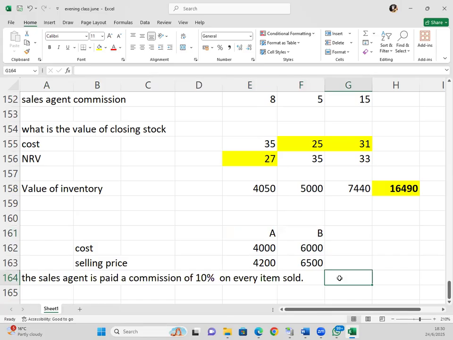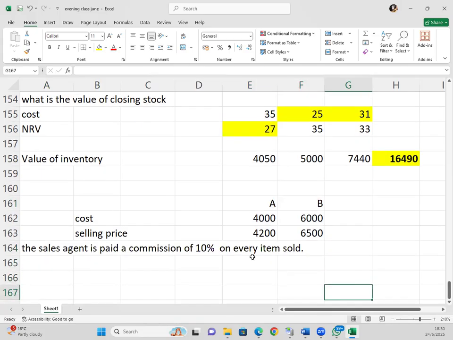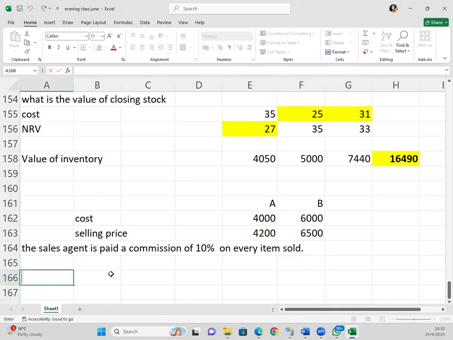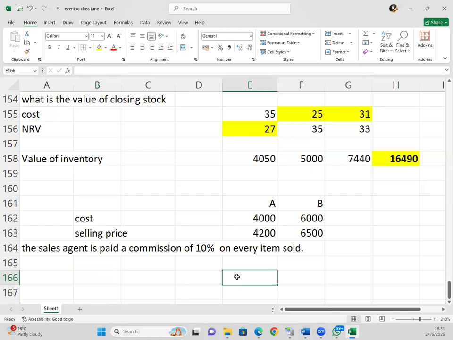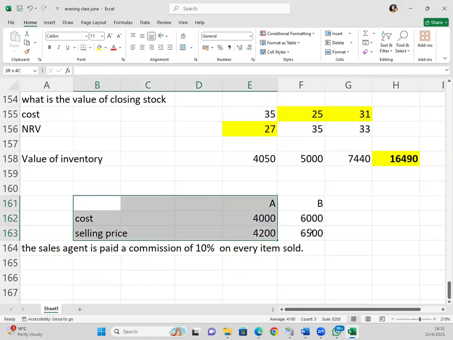So when you're now determining the value of your inventory in this case, it's the same principle. You just compare your cost and your net realizable value. In this case, for A, let me just copy this table.